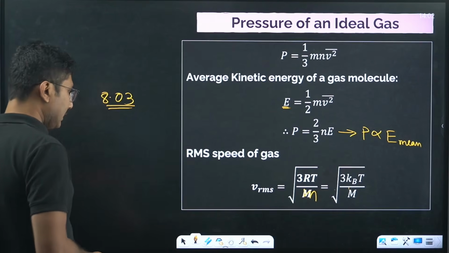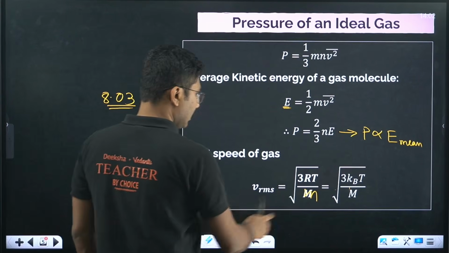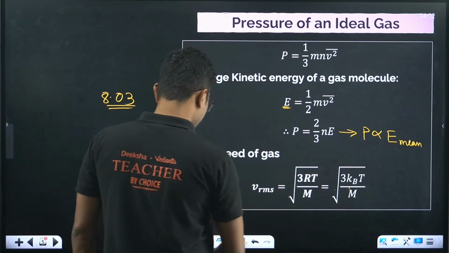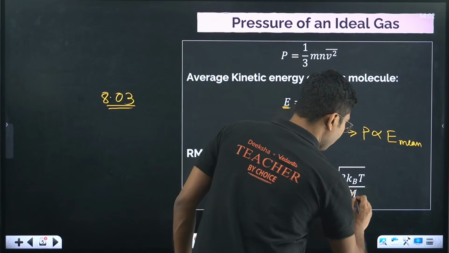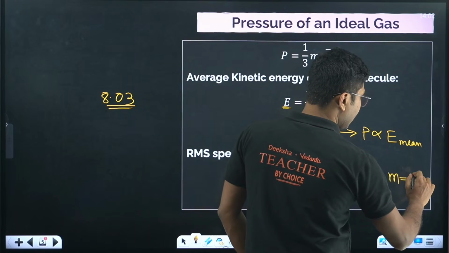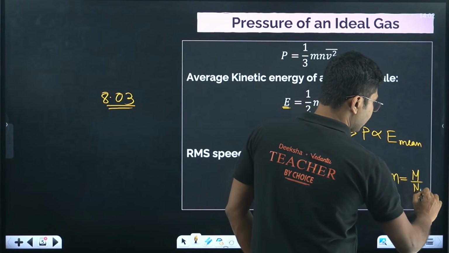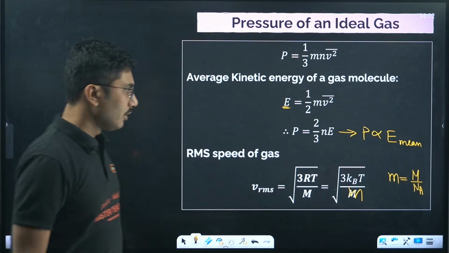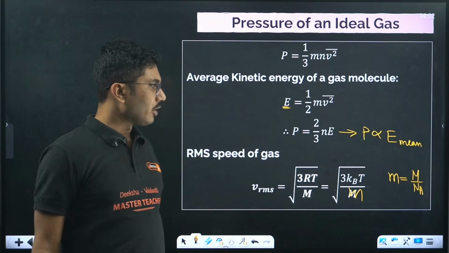In the formula, the mistake I made here is corrected: it will be small m, the mass of one molecule, which is total mass divided by Na. So this confusion is also clear.